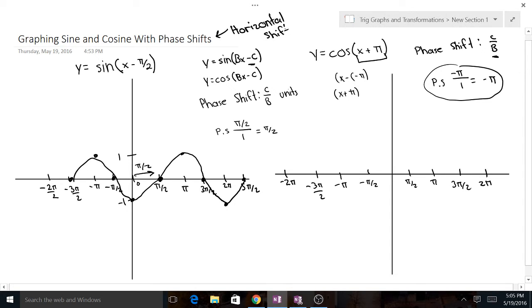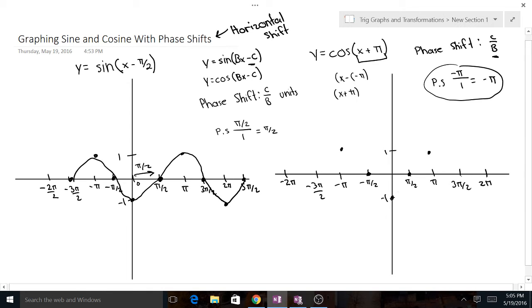Okay. So we know we normally start at 0, 1, and we moved pi units to the left. So I'm going to say, instead of being at 0, 1, we're going to be at negative pi, 1. And then I know we usually go down in a cosine function, and nothing else has changed, so we're going to do that again. And then we just start filling in the dots like we normally would with our cosine function.